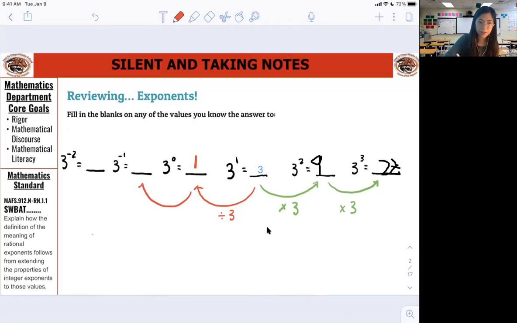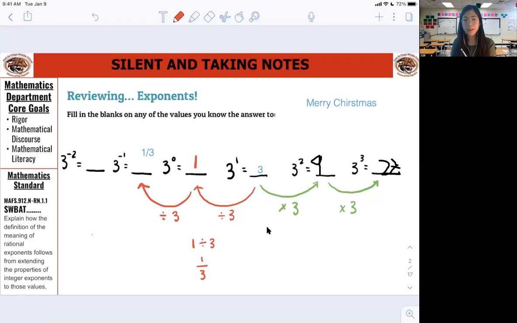Now I'm dividing by 3 again. What is 1 divided by 3? 1 divided by 3. Think of it like a fraction. 1 divided by 3 is the same as 1 over 3, 1/3.